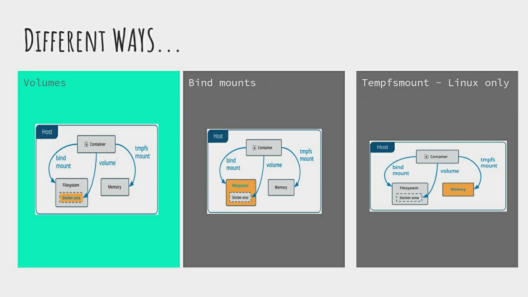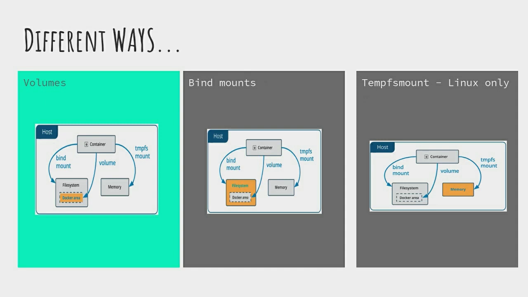All the data inside it will be wiped out. This is why it's called a tempfs mount. This might give you a faster access time because it's in the memory, but the data stored inside it will not be persisted after the container is killed.